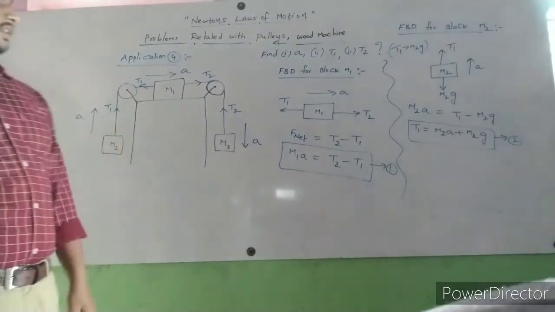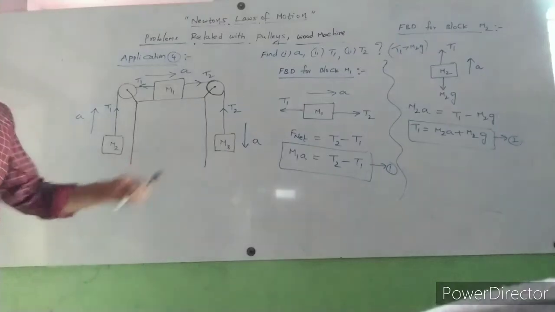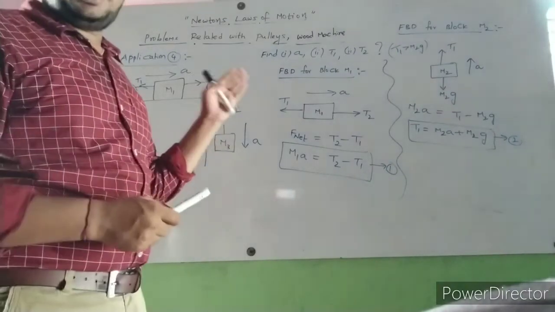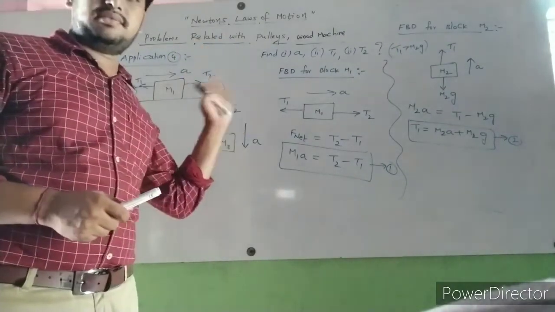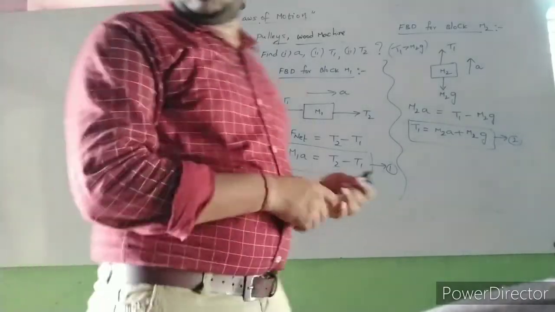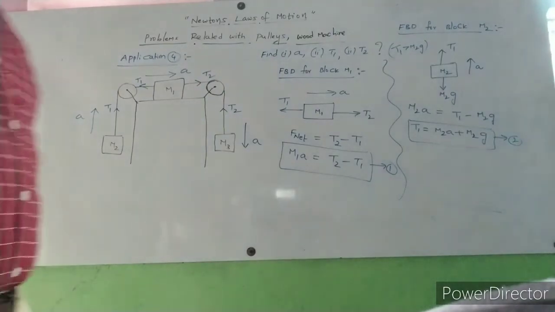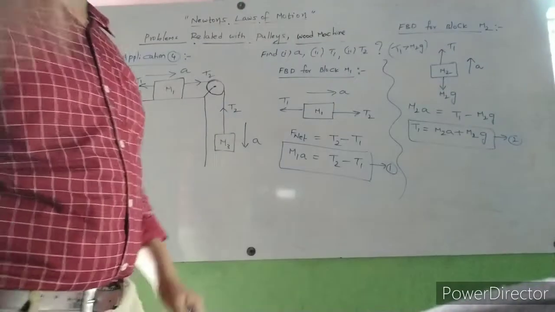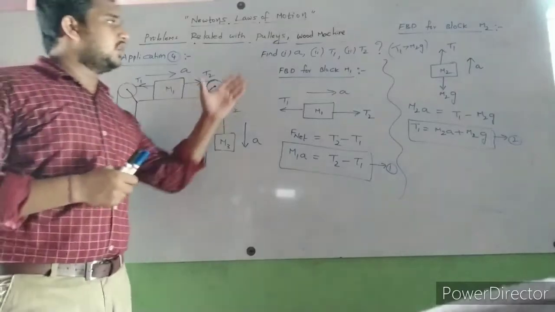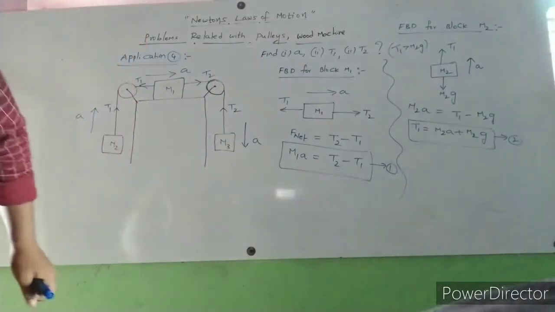So we got two equations. Next, the third equation. Apply the free body diagram for block M3 and we get the third equation.